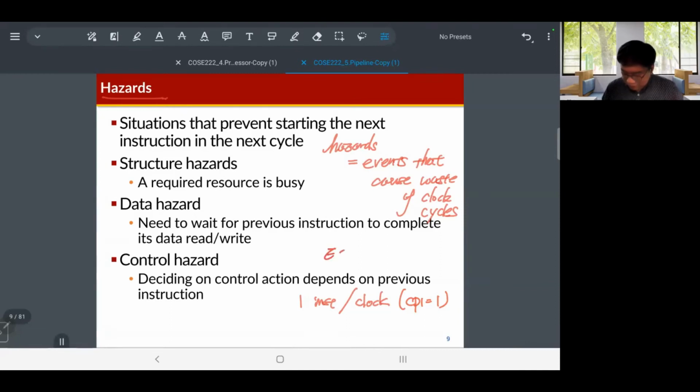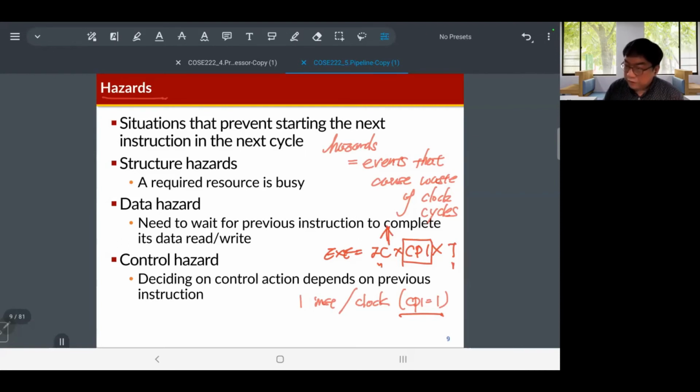Execution time is instruction count times CPI times T. We assume that CPI is 1 for every processor, but if a hazard happens, T is the same, instruction count is the same, but CPI is increased.